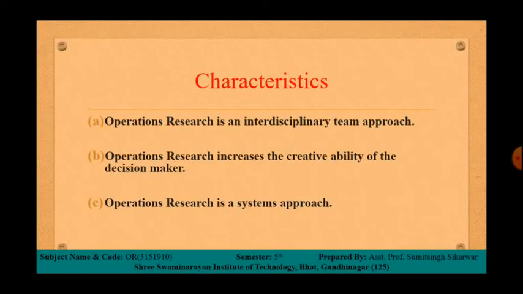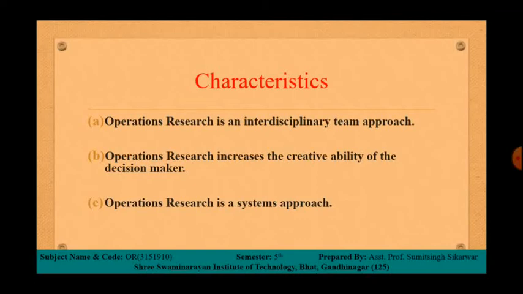A business or any government organization or any defense organization may be considered as a system having various subsystems. If a decision is made by any subsystem, it will also affect the other subsystems. For example, a decision taken by the marketing department will have its effect on the production department too.